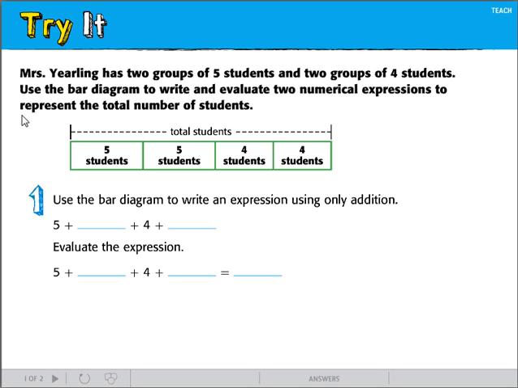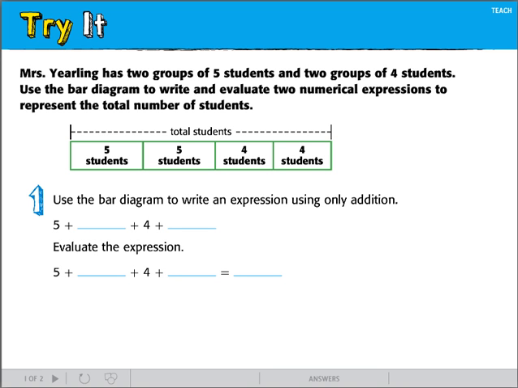Now, it says Mr. Yearling has 2 groups of 5 students and 2 groups of 4 students. We're going to use the bar diagram to write and evaluate 2 numerical expressions to represent the total number of students. Okay? So, our first expression is going to use all addition.